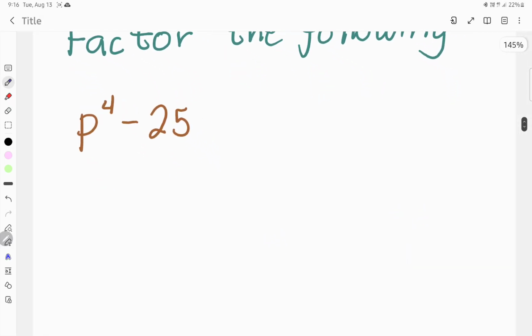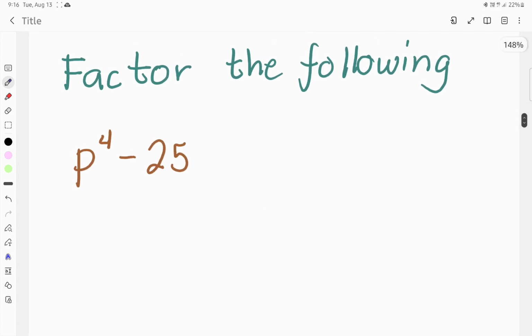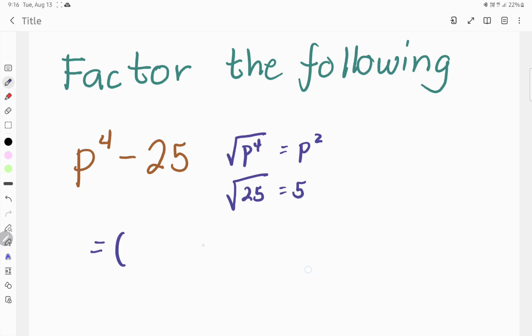Okay, now let's do the factoring. Since we identified p to the fourth minus 25 as a difference of two squares, once again, the square root of p to the fourth is equal to p squared, and the square root of 25 is equal to 5. When we write the factors of p to the fourth minus 25, we need to create two parentheses.